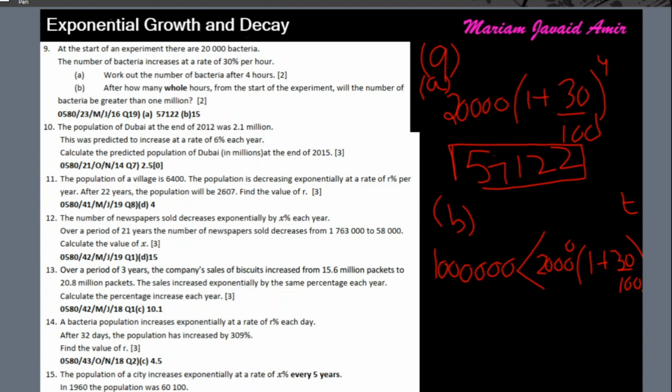So 1 million divided by 20,000 is 50. So 50 should be less than 1 plus 30 over 100 raised to the power t, which makes 1 plus 30 over 100. This gives us 13 over 10.